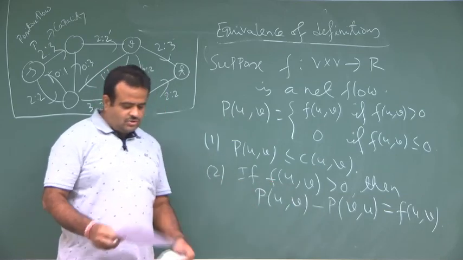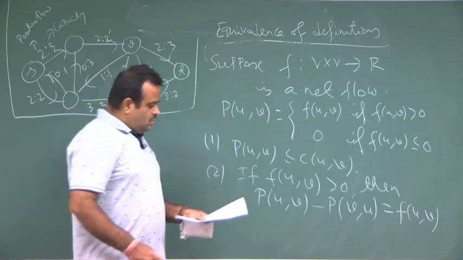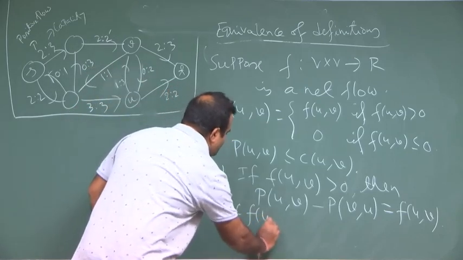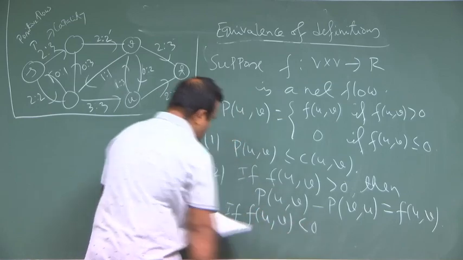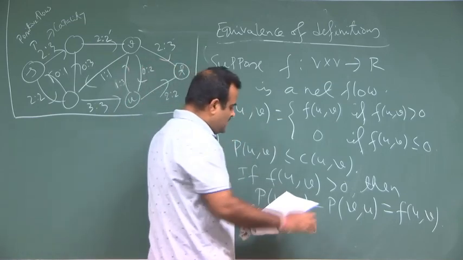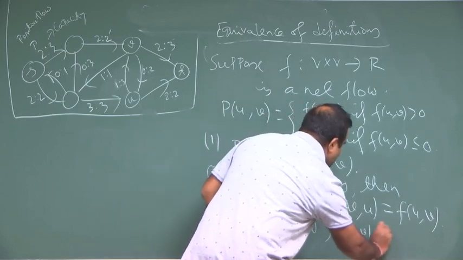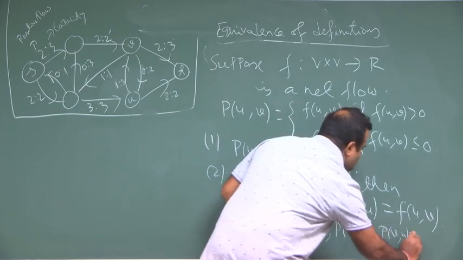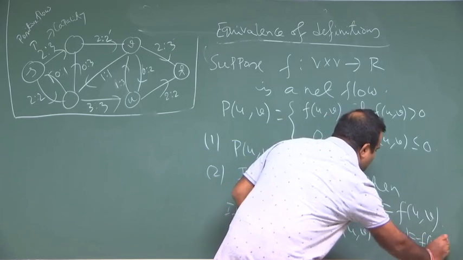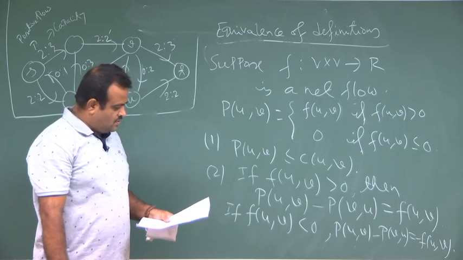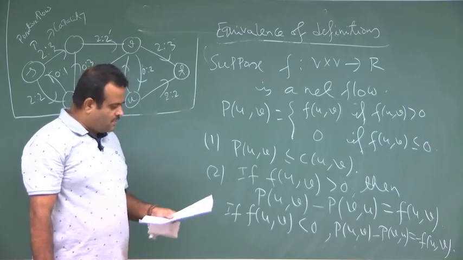So, that is okay. Now if f of u v is less than 0, then p of u v minus p of v u is basically minus of this. This is by the skew symmetric property.